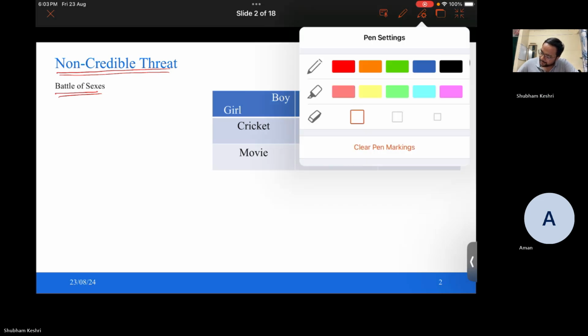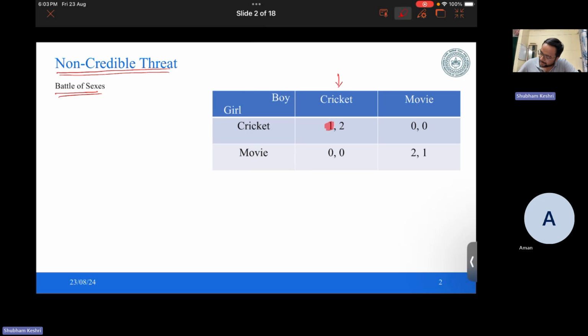Why? Because the girl is getting a utility of 1 instead of 0. Similarly, when the boy is playing movie, the girl's best response is to go for a movie, because she is getting a utility of 2 instead of 0.